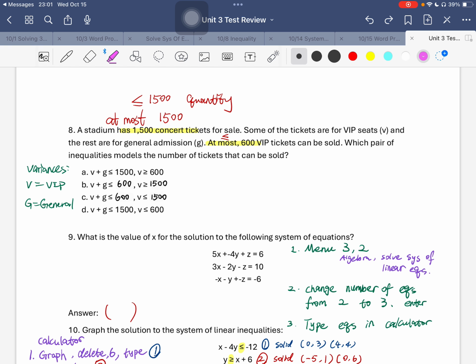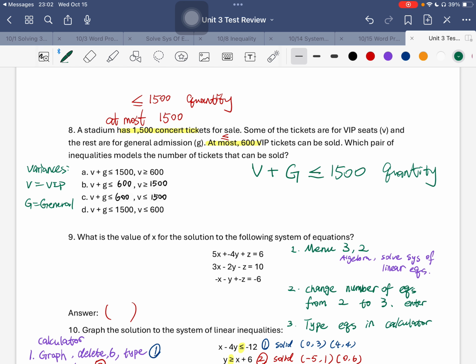The first equation I have is quantity. So that means quantities, I always just add up my variables to be the quantity. For this one, it'll be V plus G less than or equal to 1,500. That's my quantity. Okay, I got my first inequality.